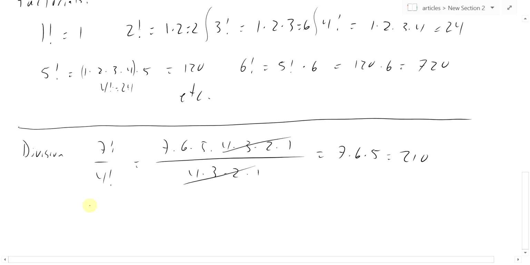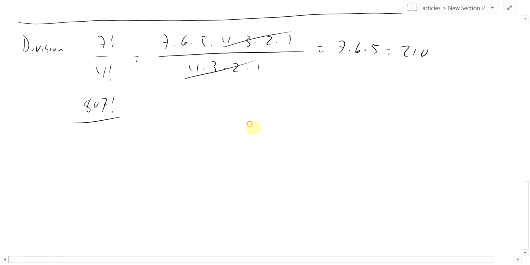Some factorials are so big, like 807 factorial, that your calculator might not be able to do it. It depends on how fancy a calculator you have. But what's 807 factorial divided by 805 factorial? Well, it's easy actually to do this by hand. It's 807 times 806 times 805 times 804 times all the way down to 1, because that's what the factorial means.